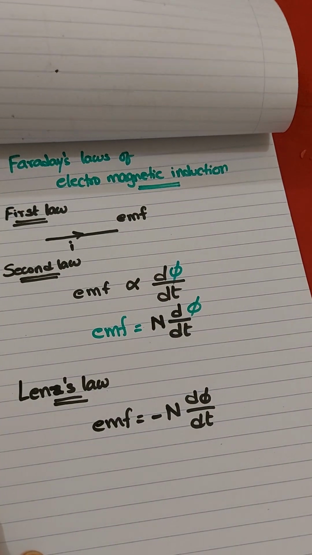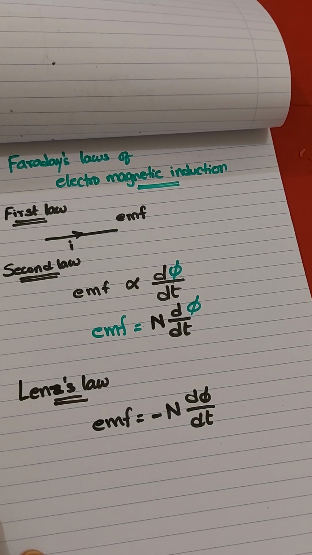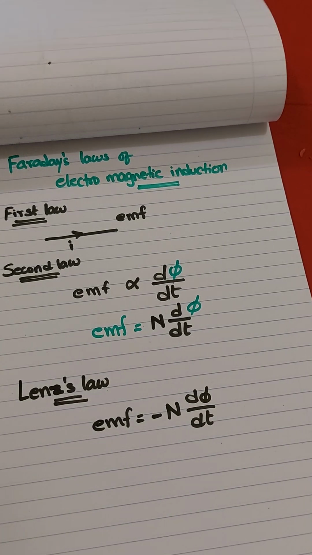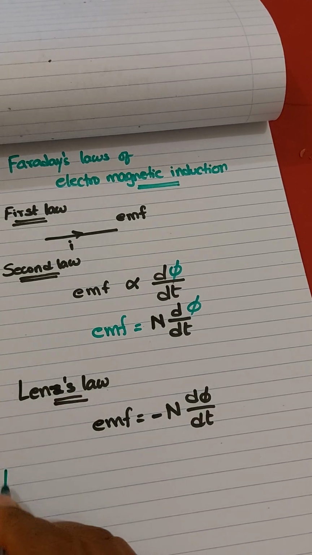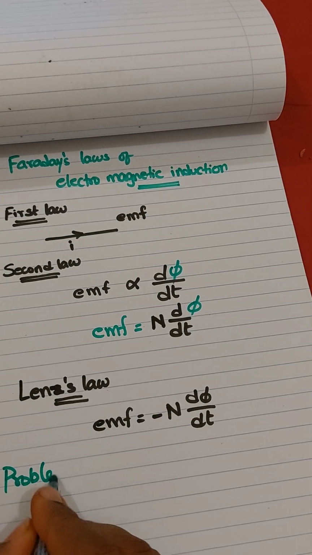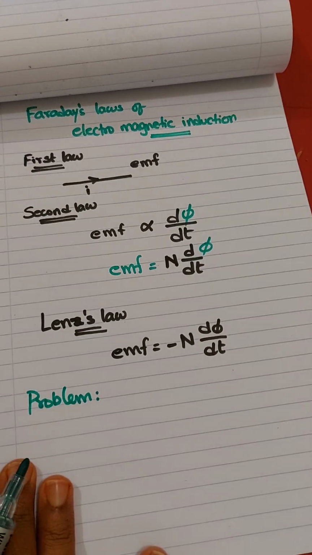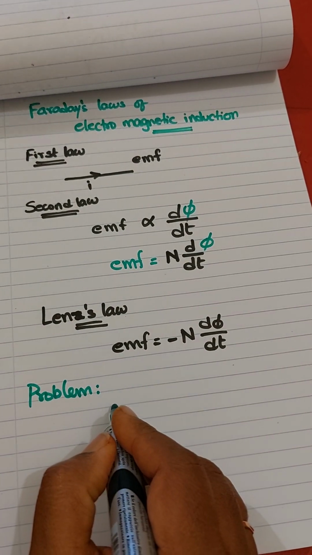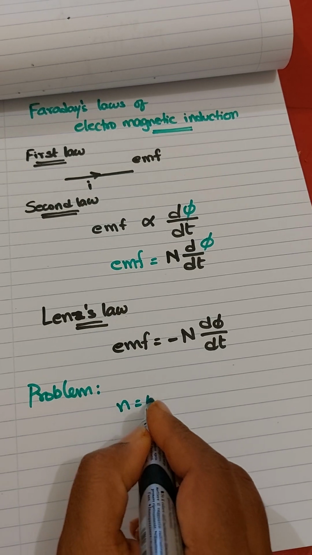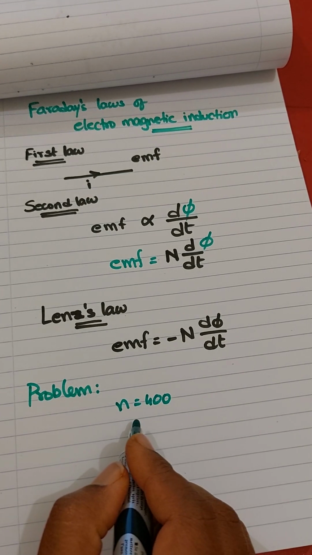So here the problem is talking about a coil that has number of turns N equals 400.